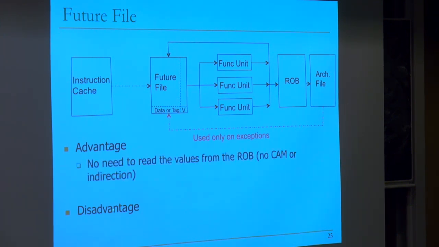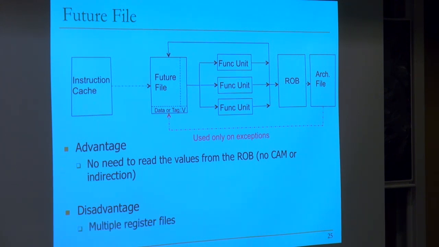The advantages, now you don't need to read the values from the reorder buffer. There's no CAM or indirection. And as opposed to the history buffer, you don't need an additional port into the future file, because you don't need to read the old value of your destination ever. It doesn't work that way.